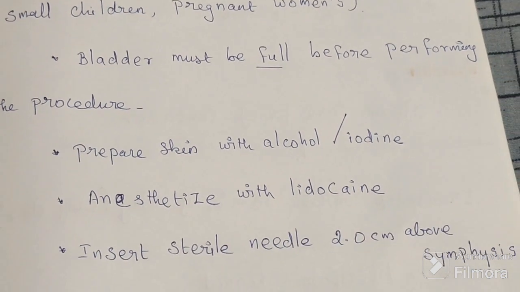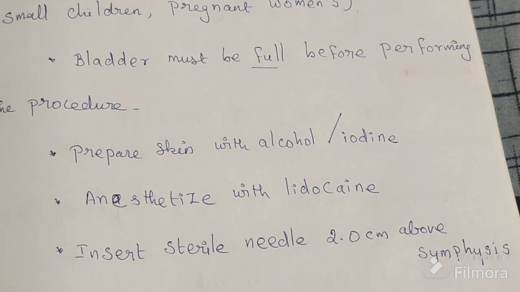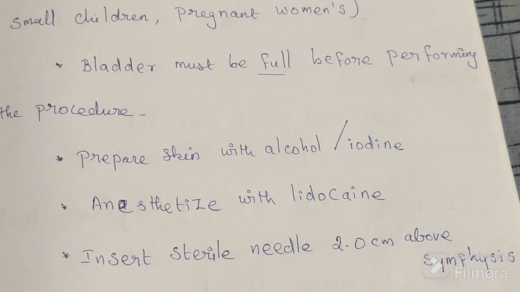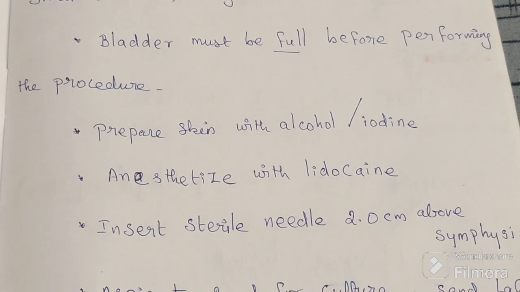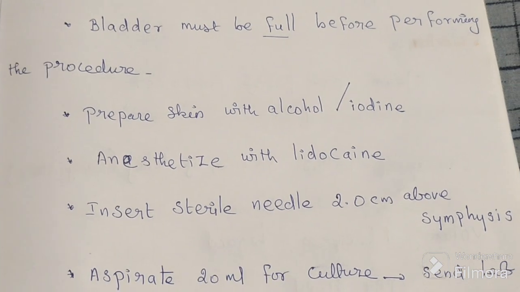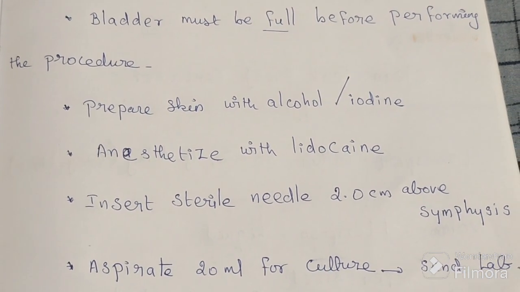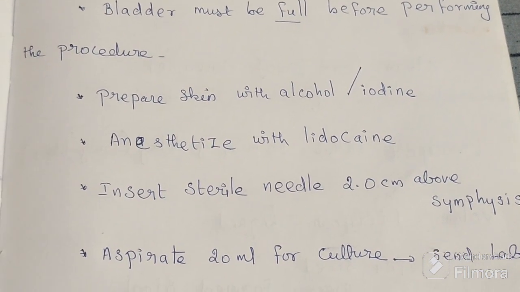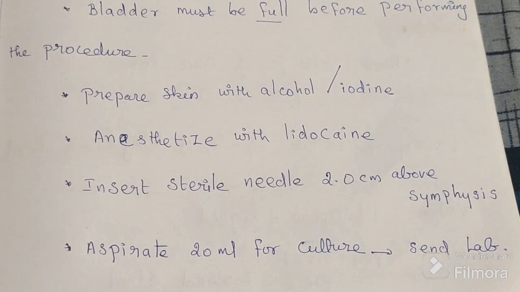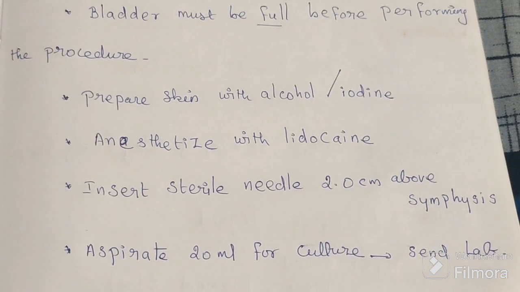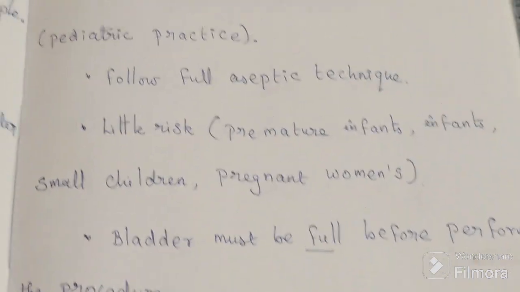Prepare the skin with alcohol or iodine, then give some lidocaine. Insert the needle 2 centimeters, then collect and send to the laboratory. So 20 ml of urine we can collect and send to the laboratory.